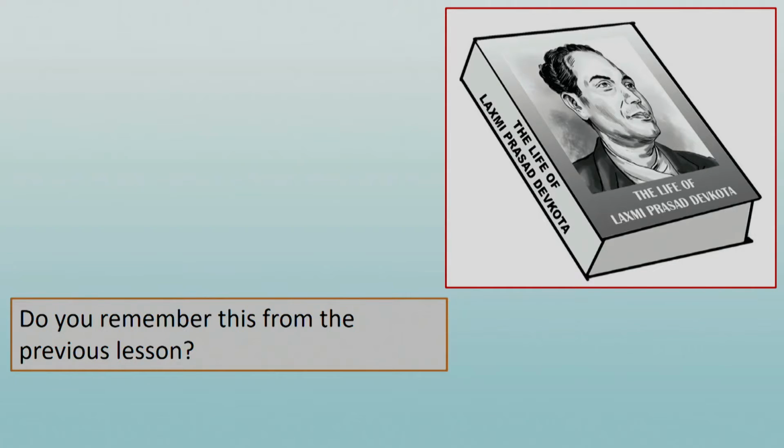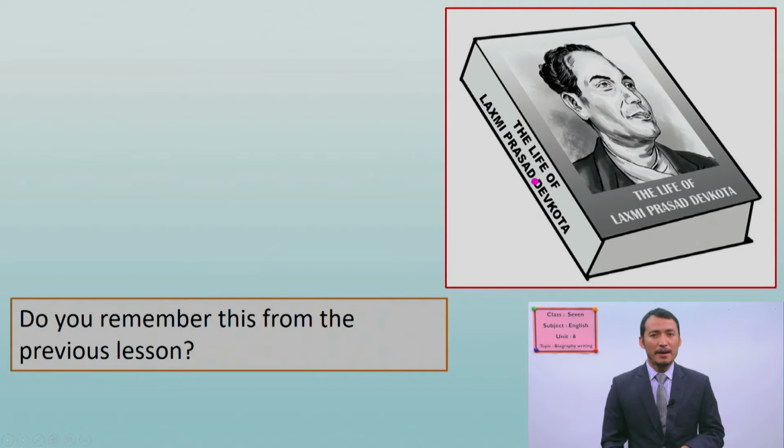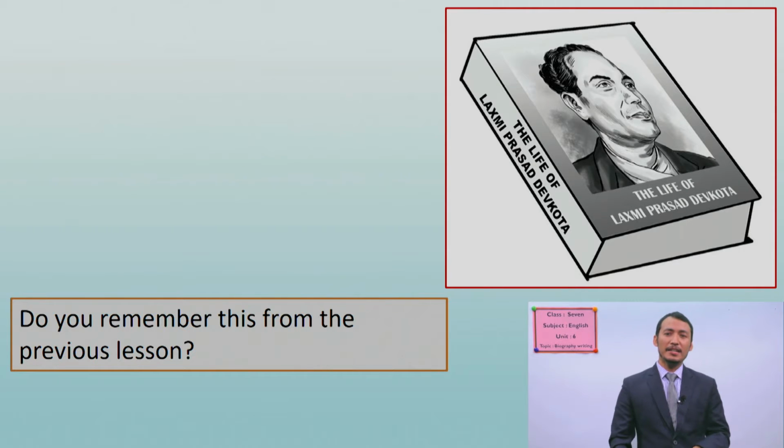Let me show you a picture from the previous lesson. Here you have a picture of someone. Do you remember who this person is? Yes, definitely. He is the greatest poet from Nepal, and he is Lakshmi Prasad Devkota. Yes, and the title of the book is The Life of Lakshmi Prasad Devkota.